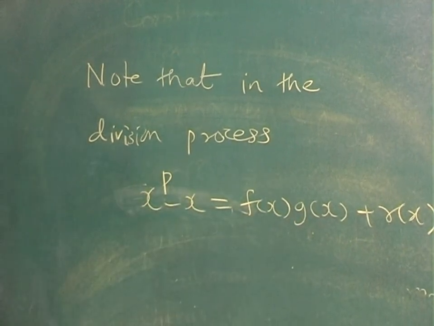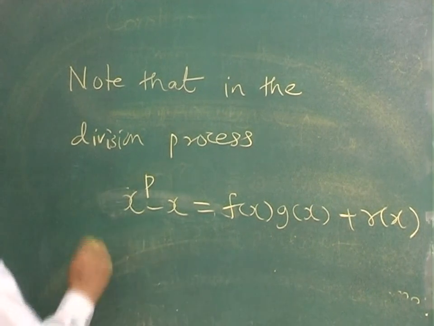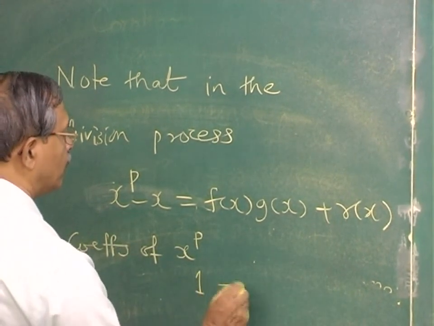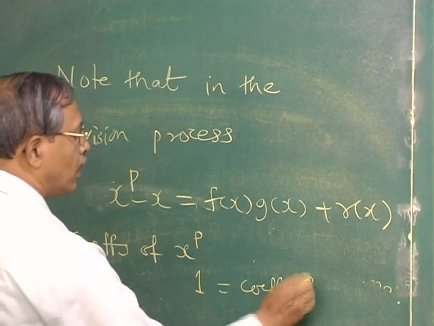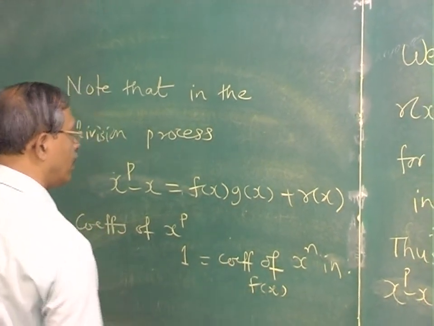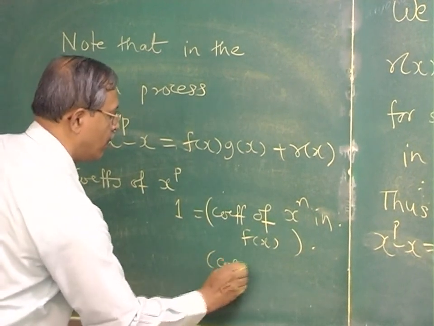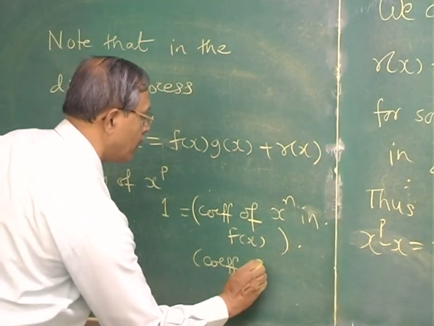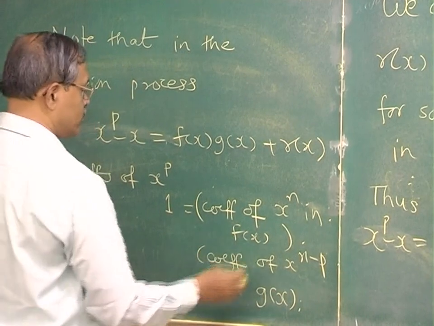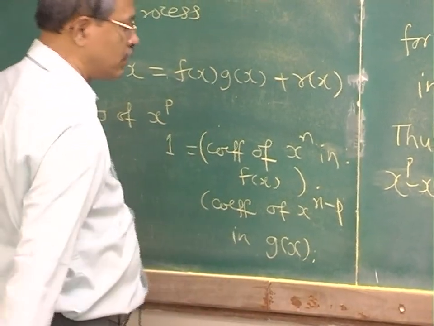If you compare the coefficients of f(x) g(x) and the left hand side, here the coefficient of x raised to P is 1, equal to the coefficient of x raised to n in f(x), multiplied by the leading coefficient of g(x), which is a polynomial of degree P minus n. So the coefficient of x raised to n in f(x) is already 1, and this coefficient therefore is also 1.